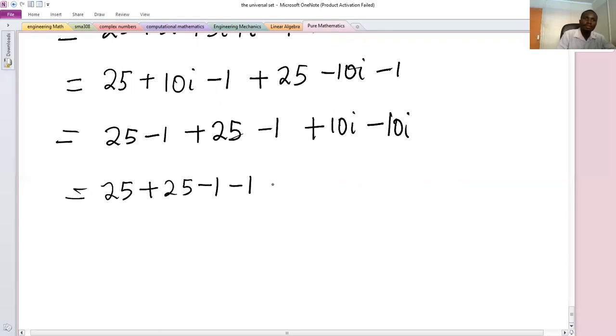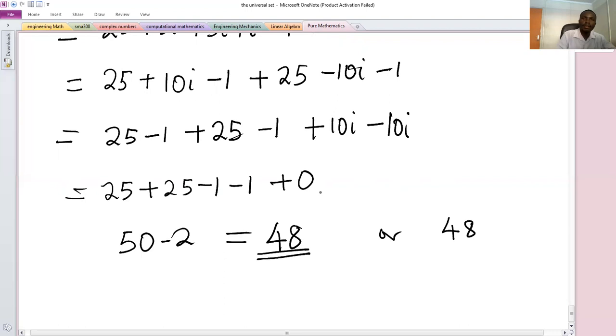The imaginary part is just 0. So this is 50 minus 2, and this gives us 48. Or you can write it as 48 plus 0i. So that is what that problem simplifies to.